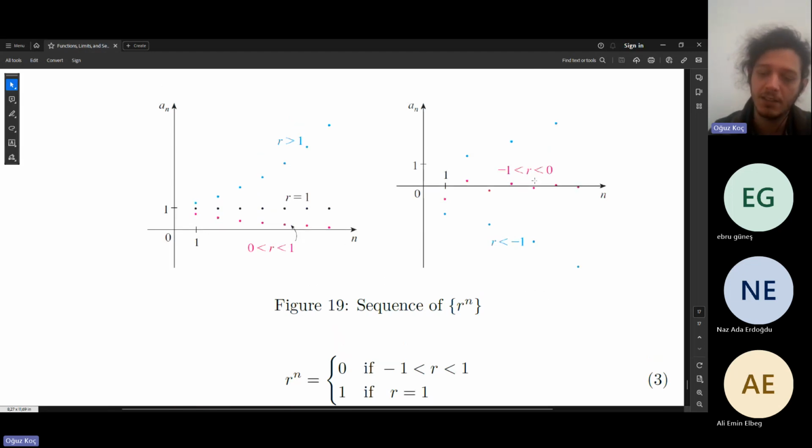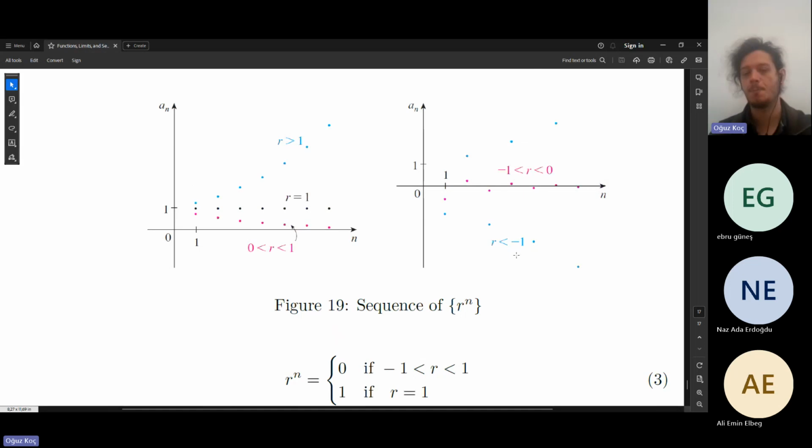And when r takes values between -1 and 0, the values are oscillating, but it's approximating to 0. The values of an become closer and closer to 0.